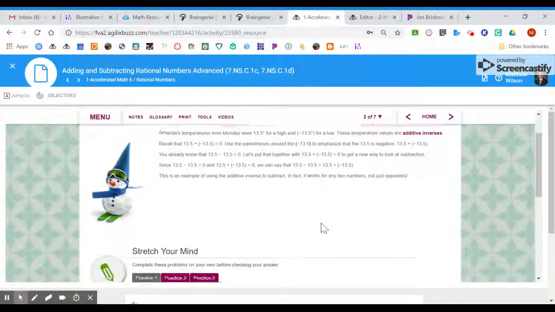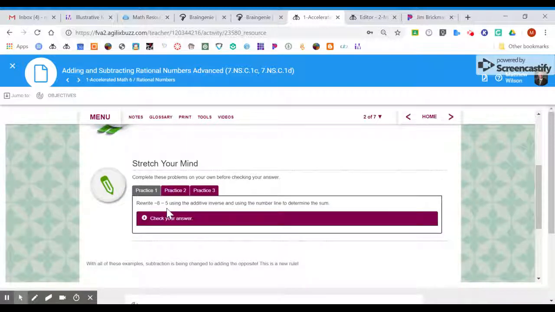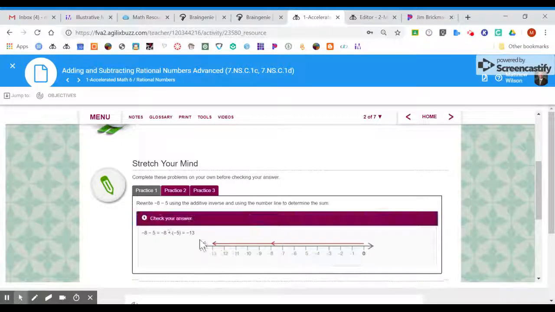When you're adding and subtracting signed numbers, think of how you can rewrite numbers. Like in this example, -8 minus 5 could be written as -8 plus a -5. I also want you to think about how that's going to come about on the number line and your movement on the number line as well.